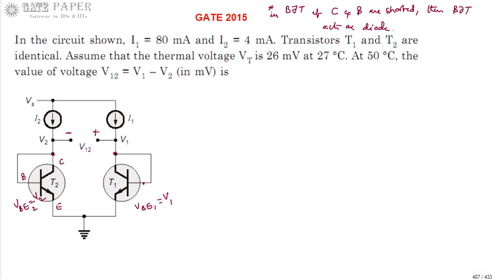Out of its 3 terminals, 2 are shorted, so it acts as a 2 terminal device, with the base and emitter as its terminals.